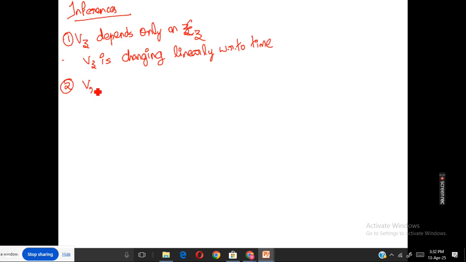And second one, Vx and Vy, neither of them are linear in time.